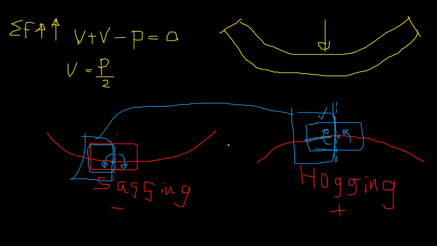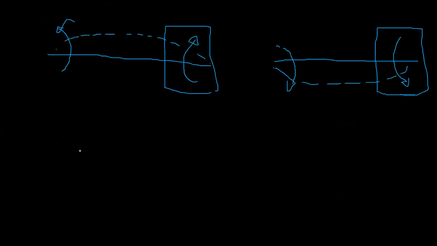If you end up with a negative moment, that means anti-clockwise, that is sagging, right? So yes, we can go ahead and cut this beam.